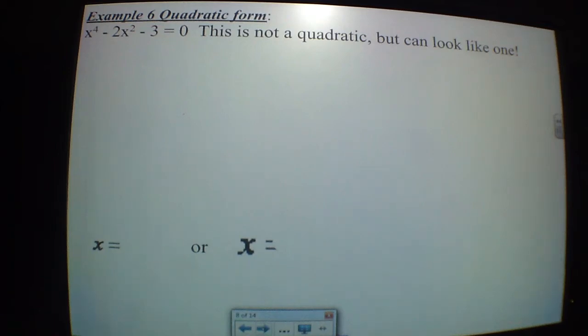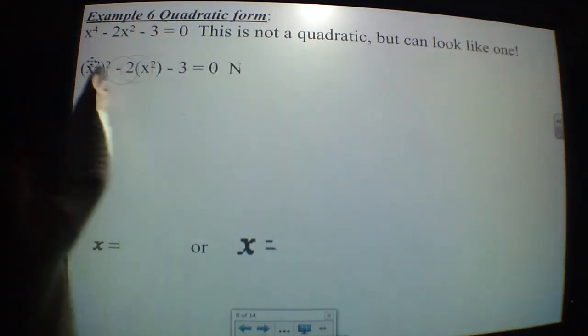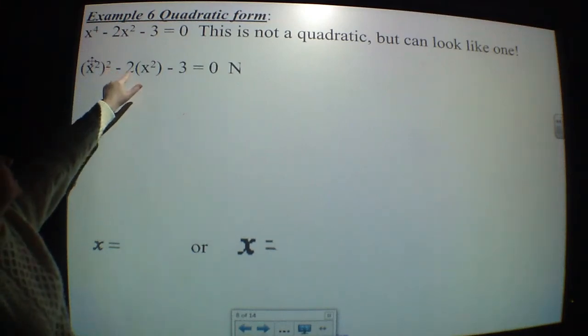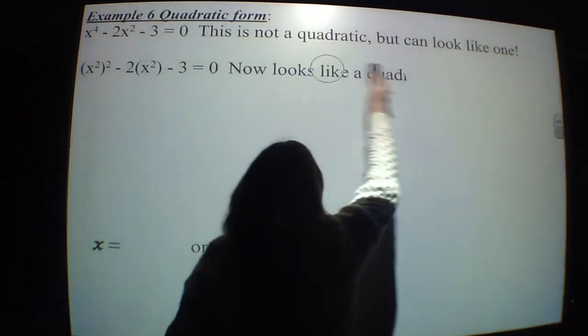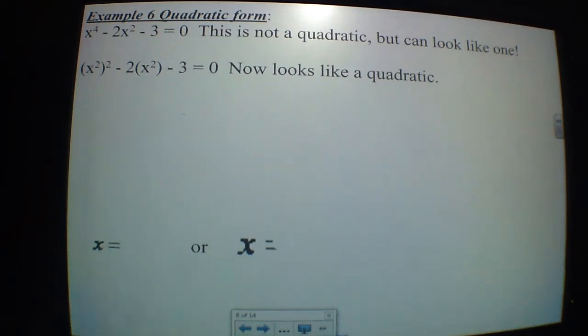Quadratic form. That's not a quadratic, but it can look like one. I just rewrote it. I wrote x to the fourth as x squared squared. So now I have something squared minus 2 times something minus 3 is equal to 0. Now it looks like a quadratic. So let's see if you can factor that.